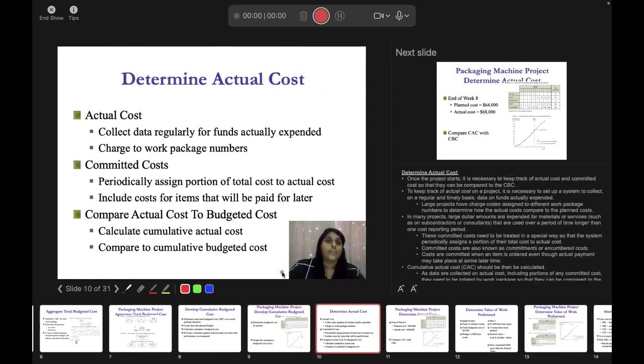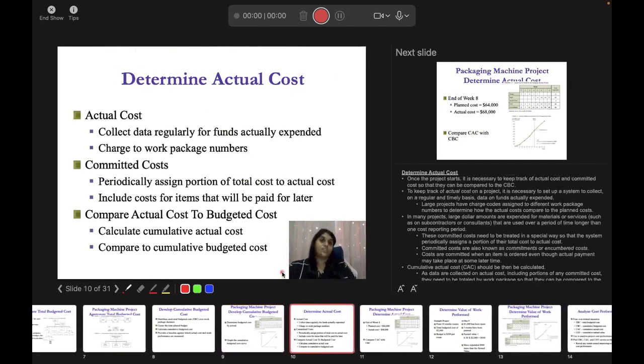Okay, now that you have figured out your cost, you are going to determine the actual cost, because the one that you did just now is the budgeted cost, the one that you are going to estimate roughly based on whatever information, whatever supplier has given you as the rough figure, right? The budgeted cost is the rough figure that you have estimated.